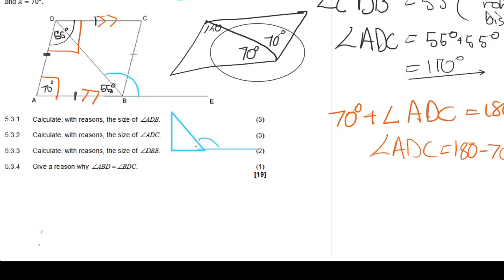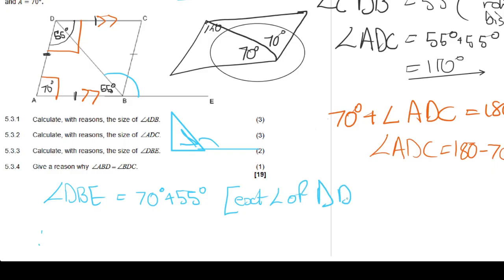Where the exterior angle is equal to the interior opposite angles, right? So angle DBE is equal to the interior opposite angles, which is equal to 70 plus 55 degrees. Why? Because of exterior angle of triangle DAB, which is equal to 125 degrees.